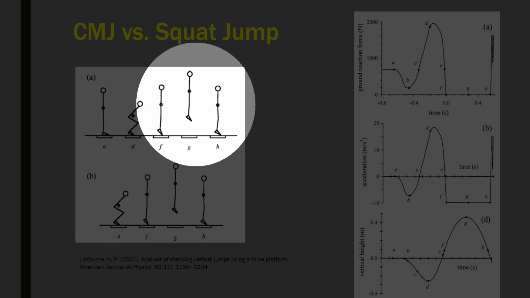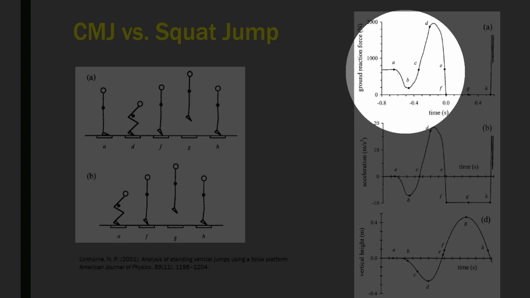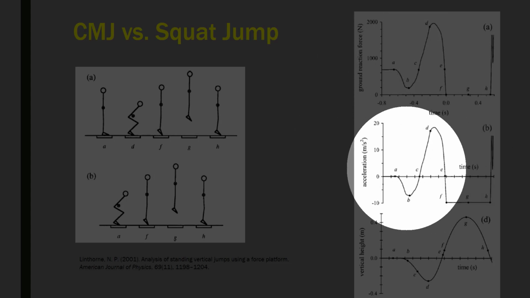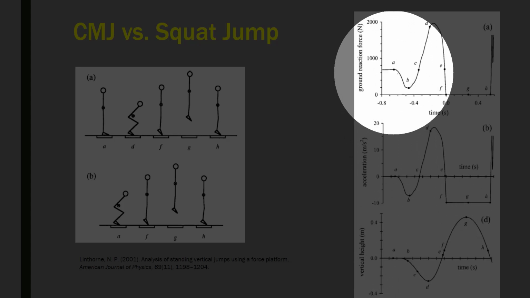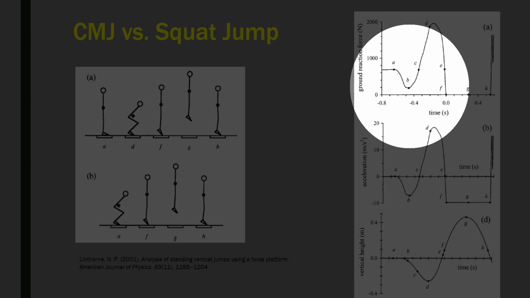So what are the differences here? I've got here the ground reaction force, the acceleration of the center of mass or center of gravity, and the vertical height. So this again, A is when the person is standing at rest, and then initiates the squat down to B. That's why you see the negative acceleration, and it slows down.